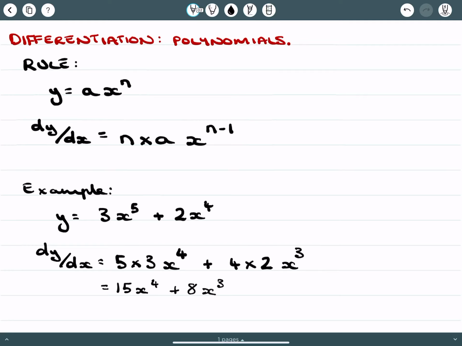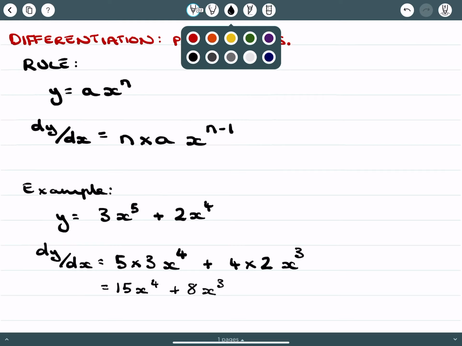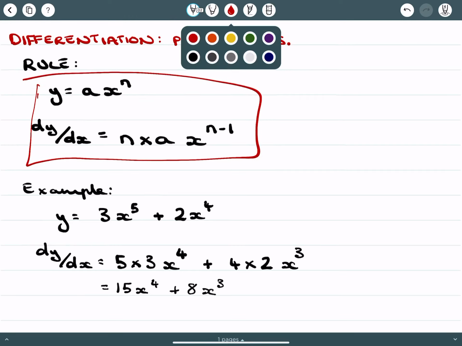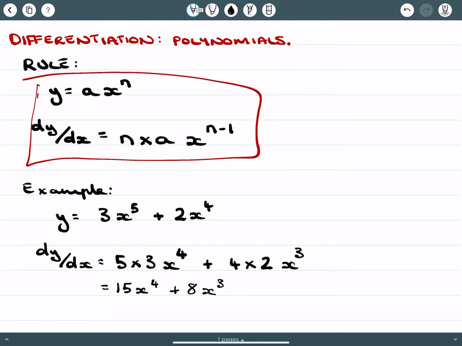What you need to appreciate with this rule is that it can be expressed in different notations. You don't always have y equals ax to the n. Sometimes you can have f(x) equals ax to the n.